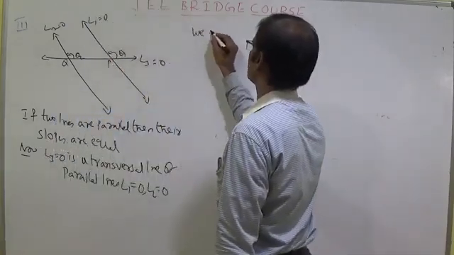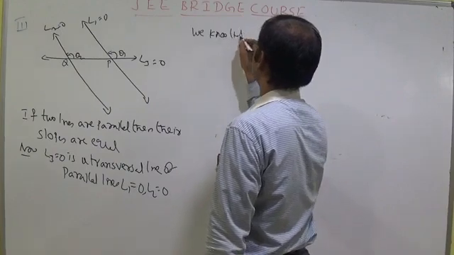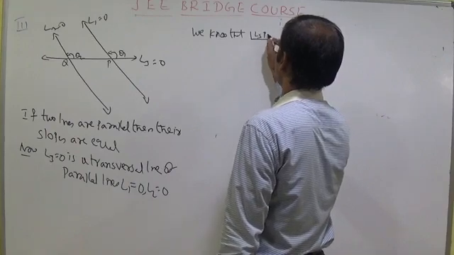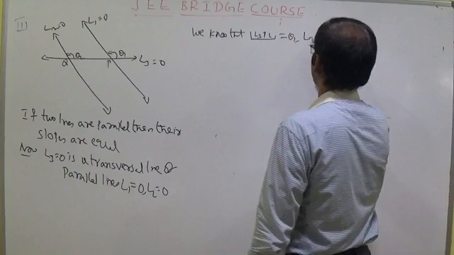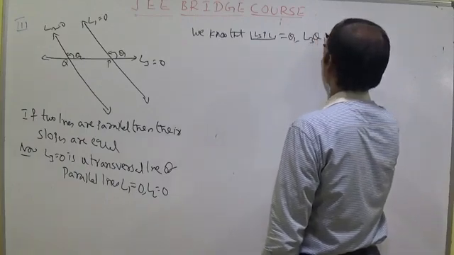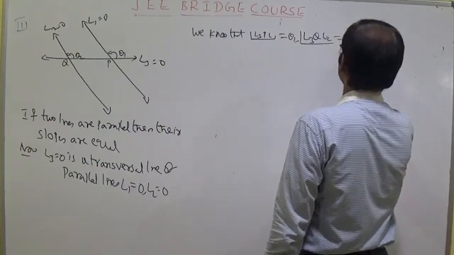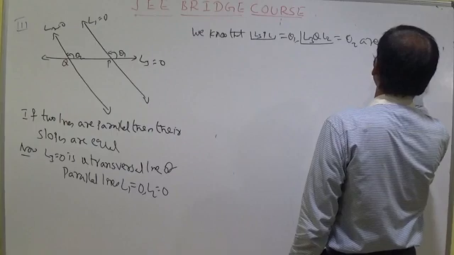We know that we can write here angle L3PL1 equal to theta 1, and L3QL2 equal to theta 2 are corresponding angles.